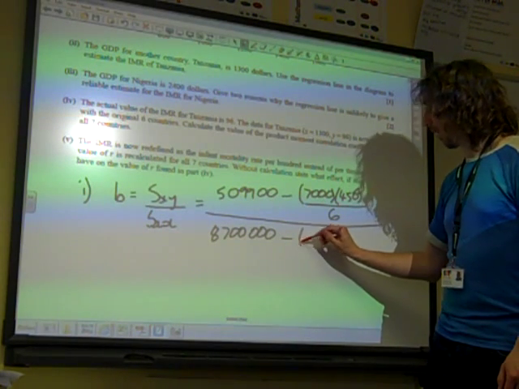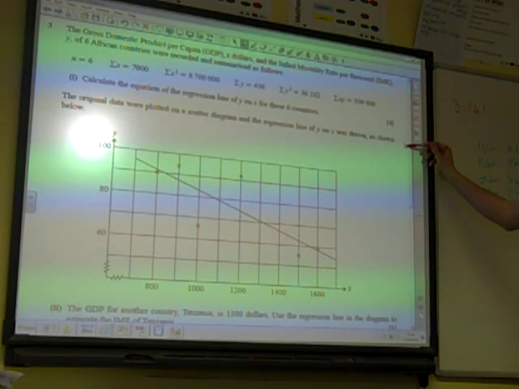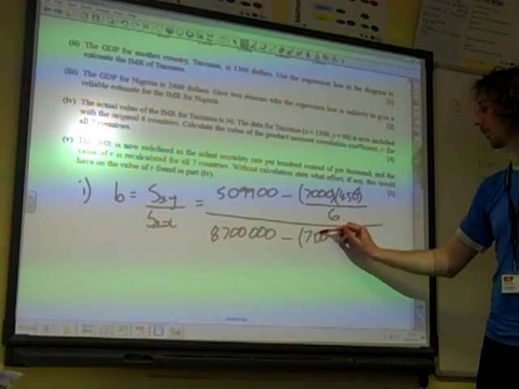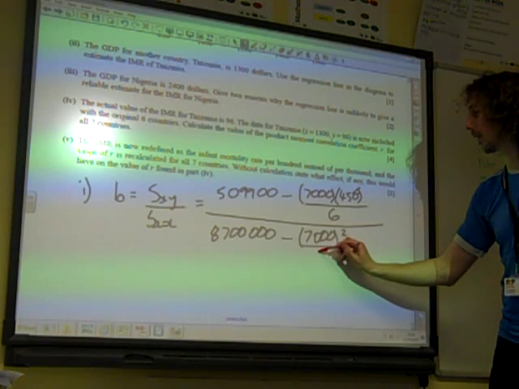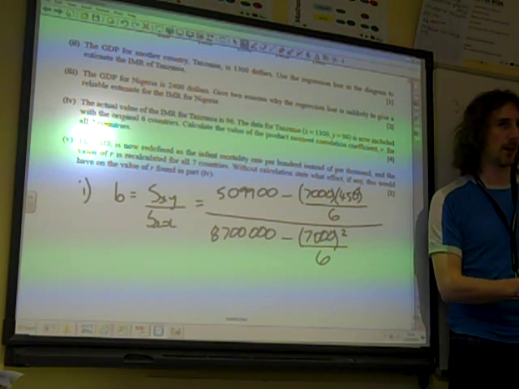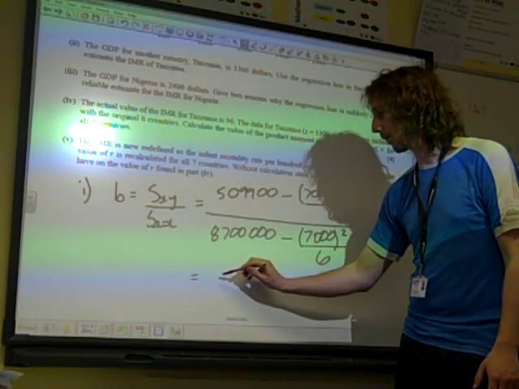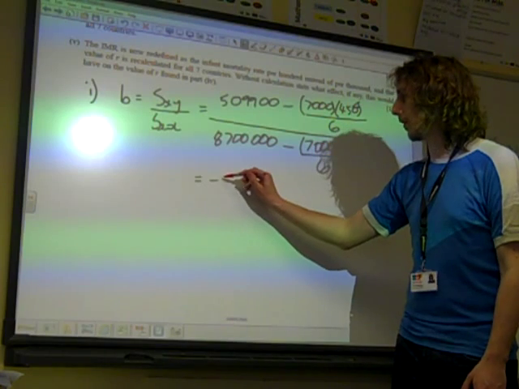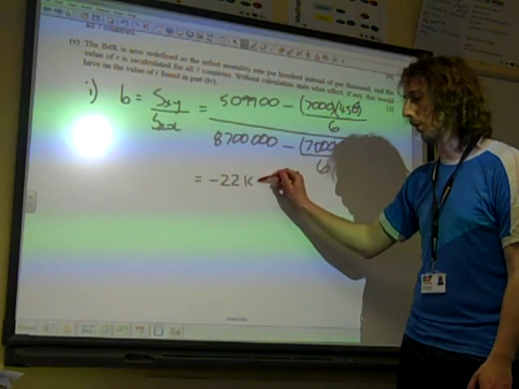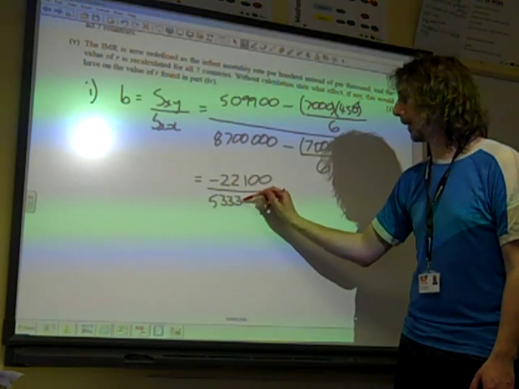minus 7,000 squared over 6. We are going to very, very carefully put that into the calculator, and it gives us, I'll put the middle stage actually, minus 22,100 over 5,333.